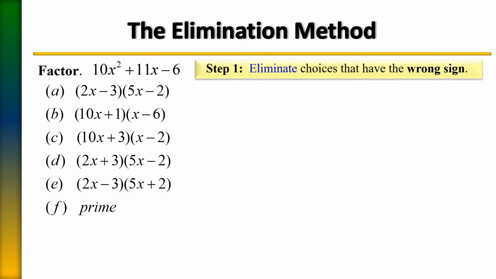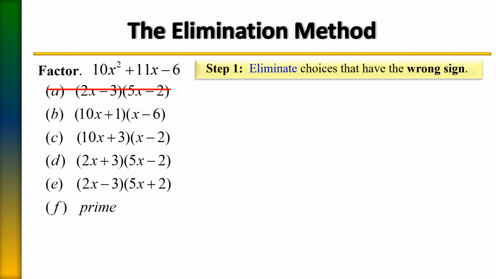So yes, that means automatically I can eliminate A, because once you do some eliminations, it increases your chances of getting the correct answer. Now, it's not always going to be where you're going to eliminate on every problem. There might be maybe one or two problems where, yes, you can eliminate some choices based on sign rules. And for those that are left, you can eliminate those based on outer and inner.